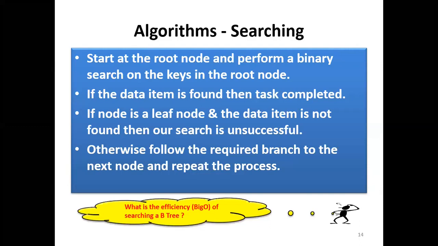So I ask a question: what is the efficiency, in terms of big O notation, of searching in a B tree? In searching a B tree, we have seen that a B tree maintains sorted data, and because it maintains sorted data, the search is not going to be the kind of search where we have to go through all the nodes.